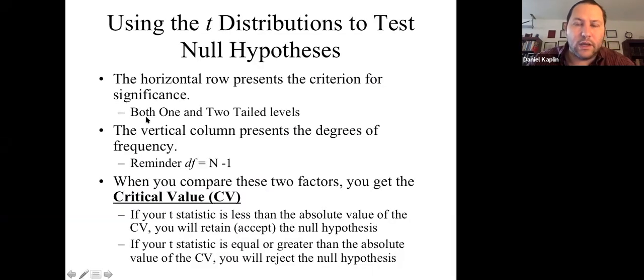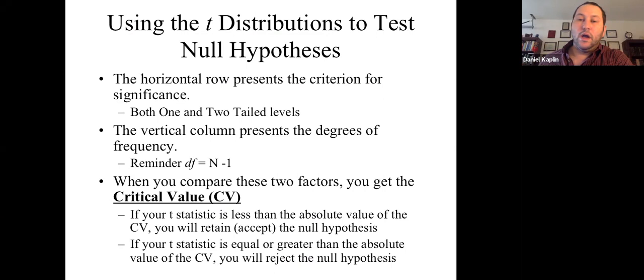Well, if we had an infinite number, the Z and T would be identical, right? But typically, if we had an infinite number, then we would have the population, right? But in any event, as we get a larger sample size, Z and T start to approximate one another. So that is how we look at critical value.